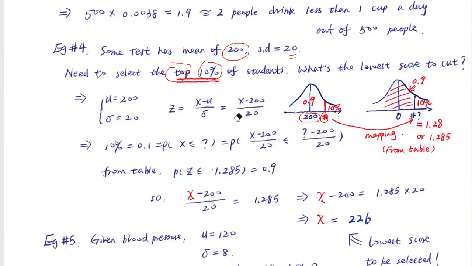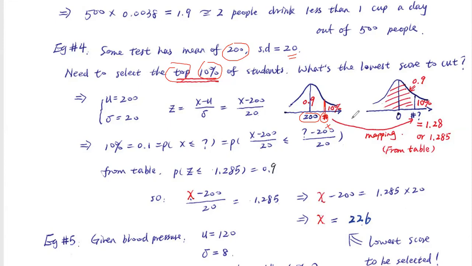Now, let's continue. The probability actually is given, 10%. We want to find out the corresponding cutoff x. That's the x we are looking for.